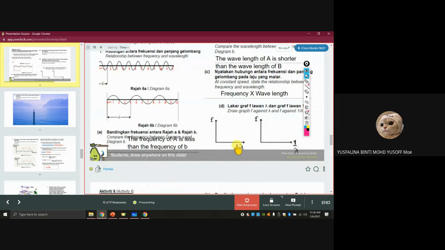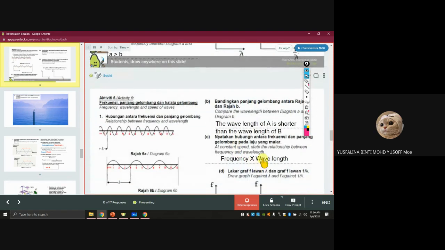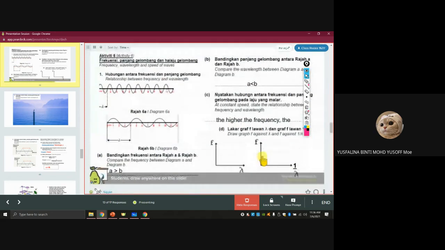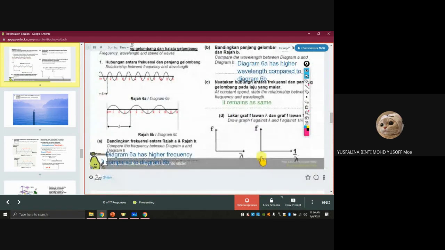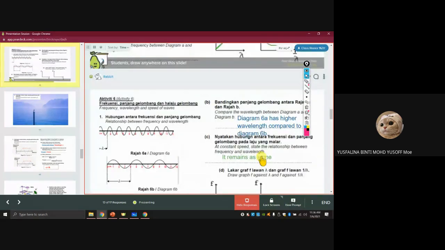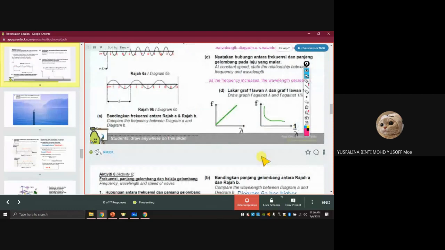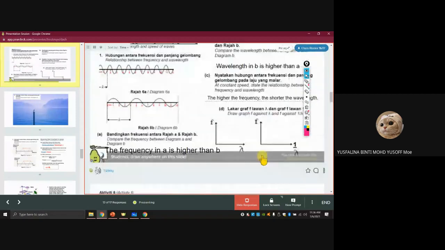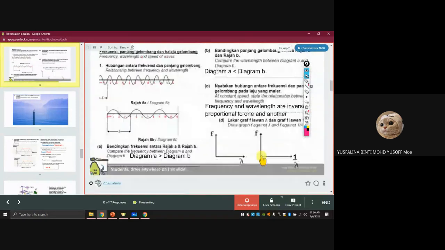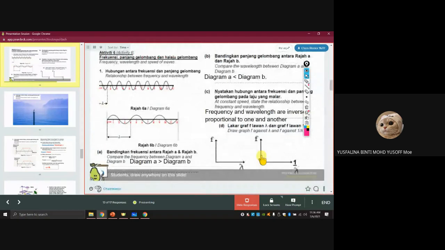Frequency and wavelength, what is the relationship? When you mention the relationship, it should be higher, higher, or lower, lower, or not change. Or you can put inversely proportional, also acceptable.